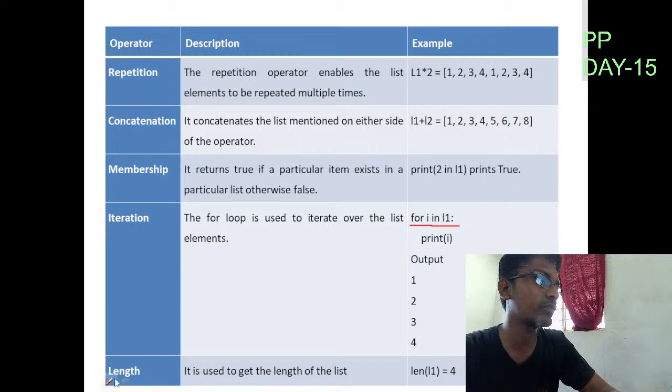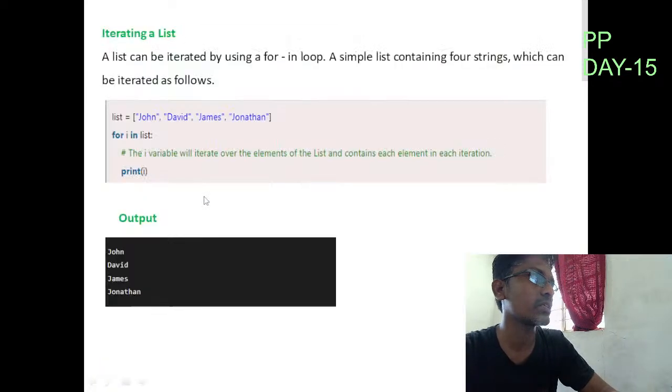And if you want to find the length of a given list, you use len followed by the variable, and it will produce the number of elements. So these are the different types of operations or operators that can be used on a list.